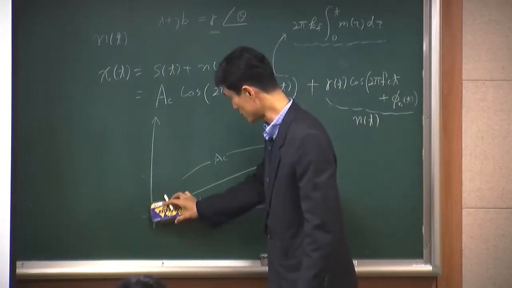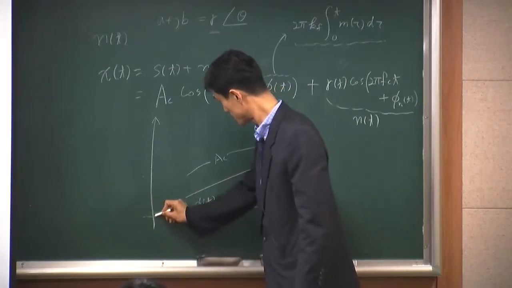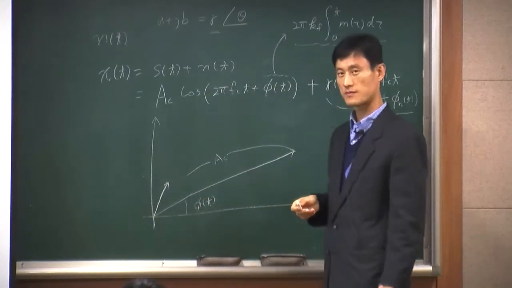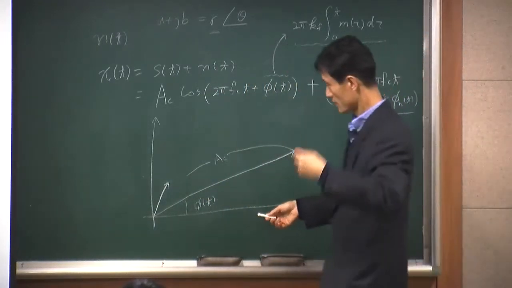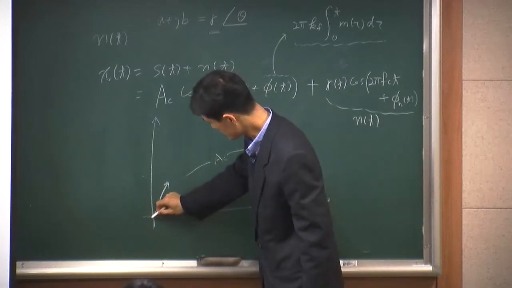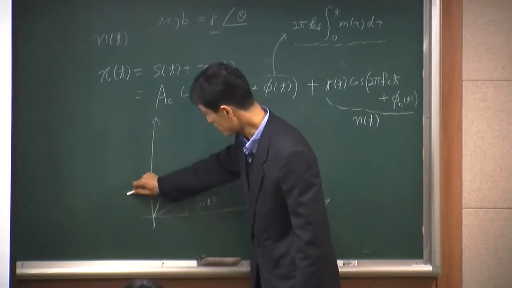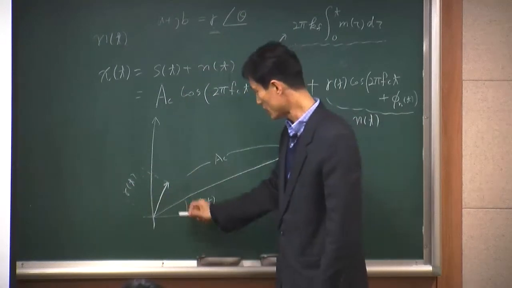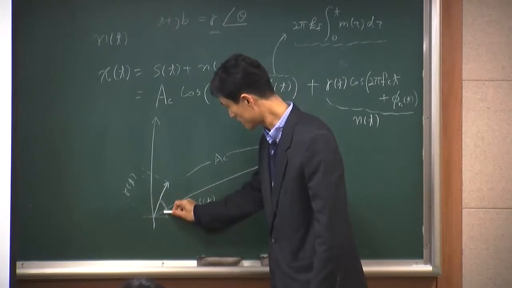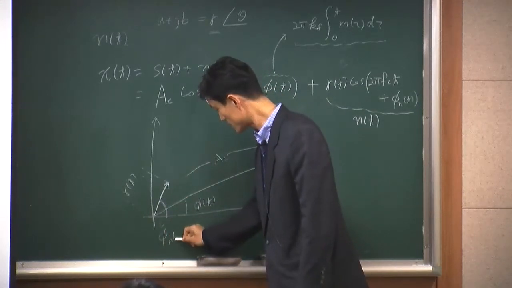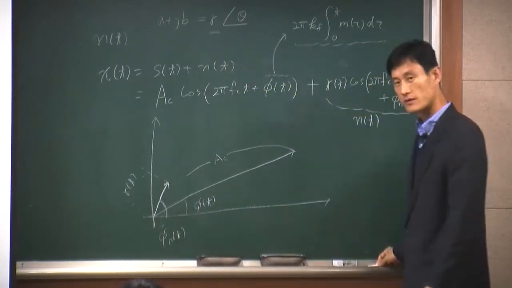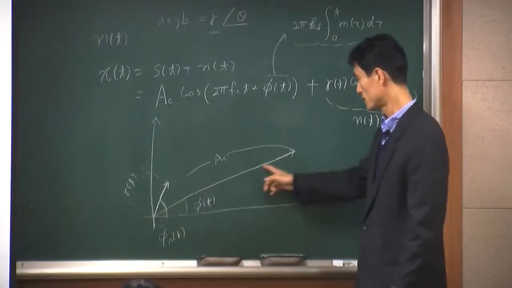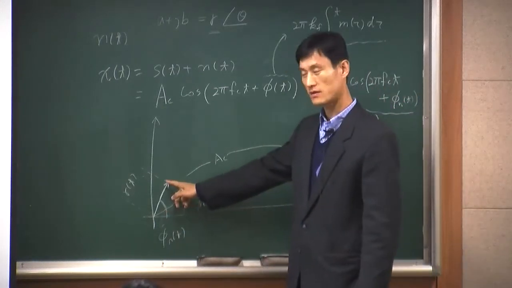So let's draw that from the origin here. Let's say the second vector is like this. Just an assumption, okay? And this second vector has the length of rt. This is rt, and this angle here is phi nt. So we are basically drawing two different vectors. This is one vector. This is a second vector.